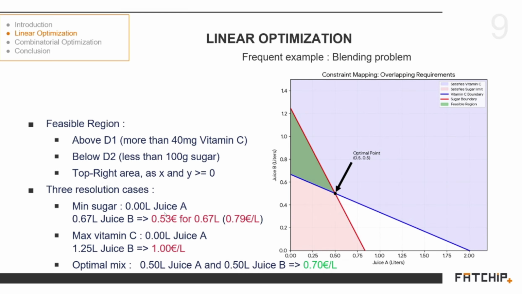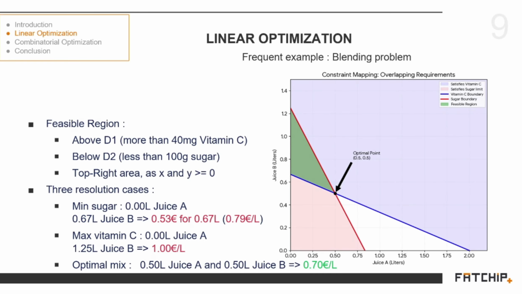So in that case, there is one solution that takes only juice B. We don't put any juice A, but we still try to get the minimum amount of sugar. So that's the beginning of the blue line. And that gives us at the end a 79 cent per liter for the final product.